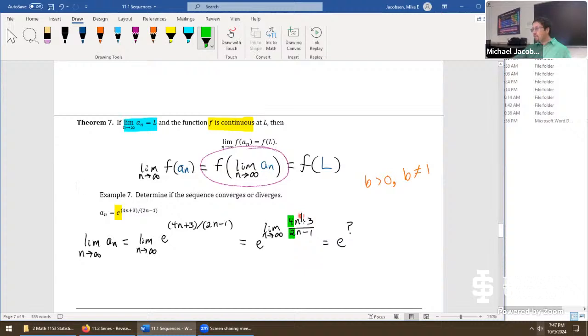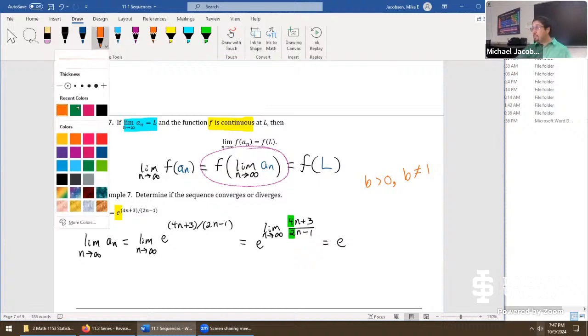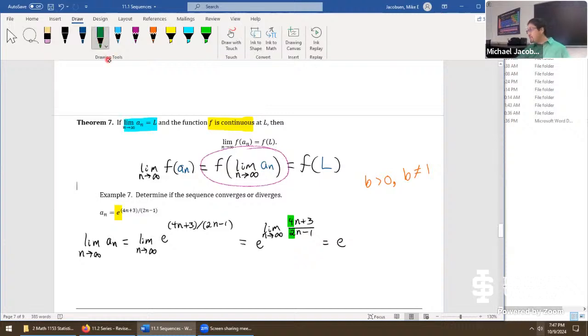If this was, say, an n squared, we would just go to the tie. The limit is formed by taking 4 over 2, which is just a 2, like you said. I'll write in this step often just to show how this shortcut works, but it's totally fine if you just wrote e squared for the conclusion of that limit. So the limit of this thing as n goes to infinity is exactly e squared. That means this sequence converges.